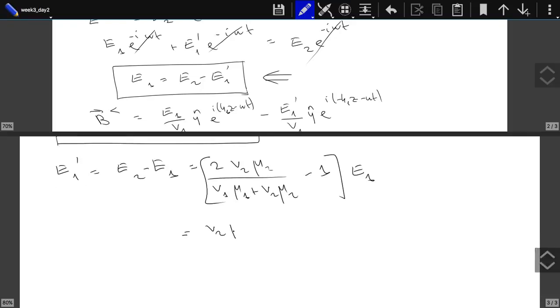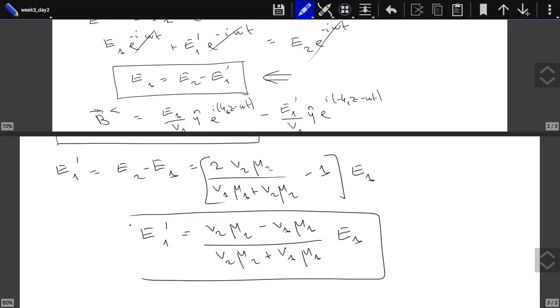Or this is V2 mu2 minus V1 mu1 divided by V2 mu2 plus V1 mu1, times E1.